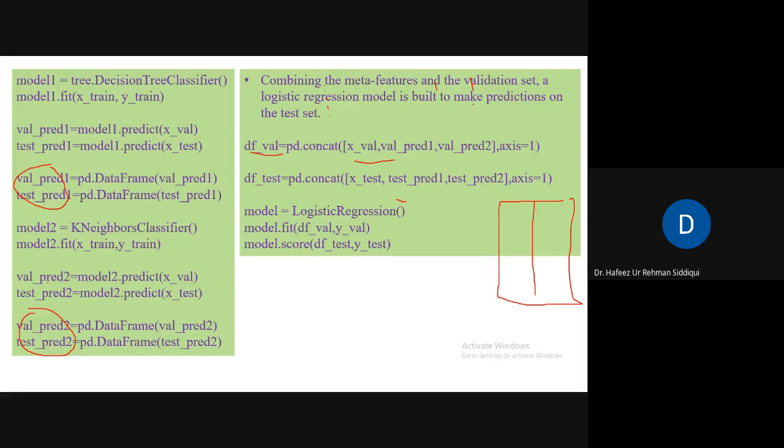Now create a logistic regression model and fit the model with the DF values, the validation values and the labels. Once you have trained your model on this, use those values for the test, and it will give a score. It will give you some accuracy.